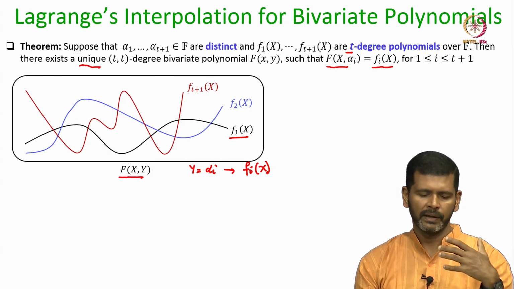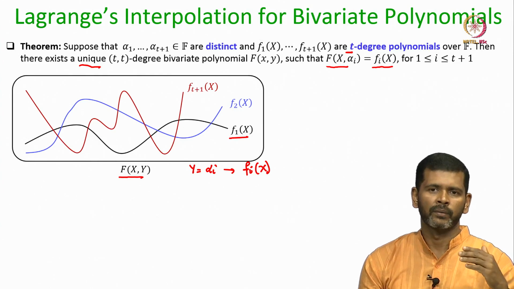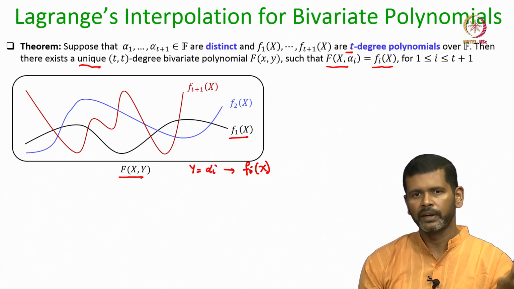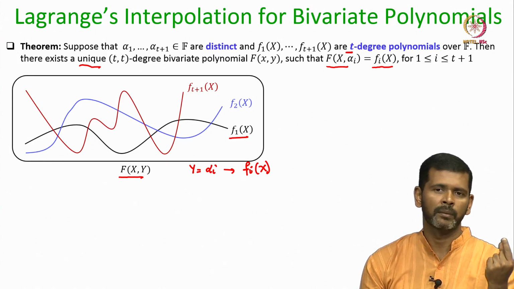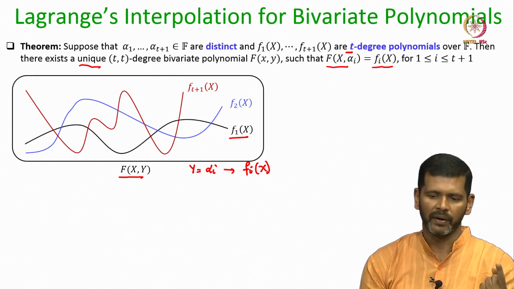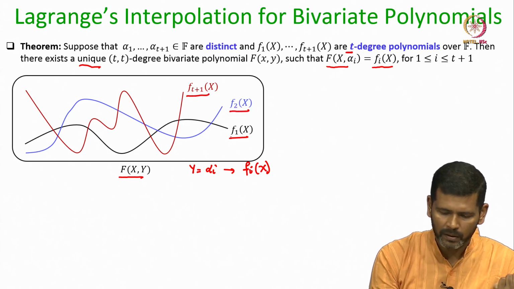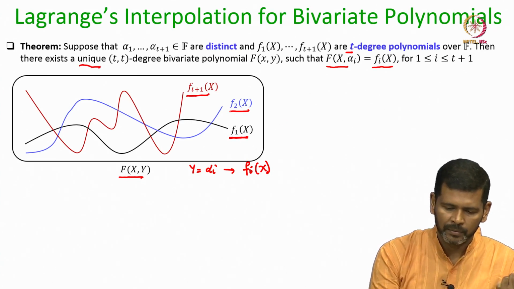So, on a very high level, it is a generalization of your Lagrange interpolation formula in one variable to two dimensions. In one dimension, for the case of univariate polynomials, the statement was, if I give you t plus 1 points, you can find one unique polynomial in one variable passing through those points. Now, the points themselves are polynomials in x variable. You have one polynomial f 1 x, another polynomial f 2 x, another polynomial f sub t plus 1 x.